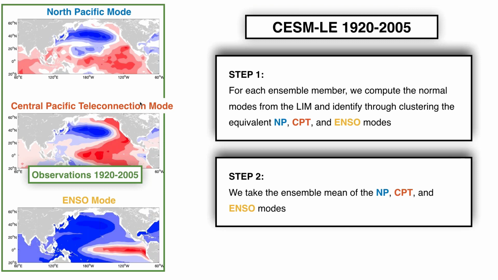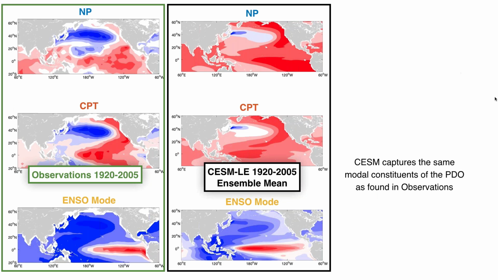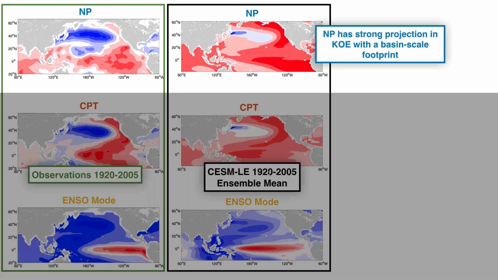And then we take the ensemble mean of these three modes. This is the observation, and this is the CESM large ensemble mean. And overall, you can see CESM can capture the same model constituents of the PDO as found in the observation.